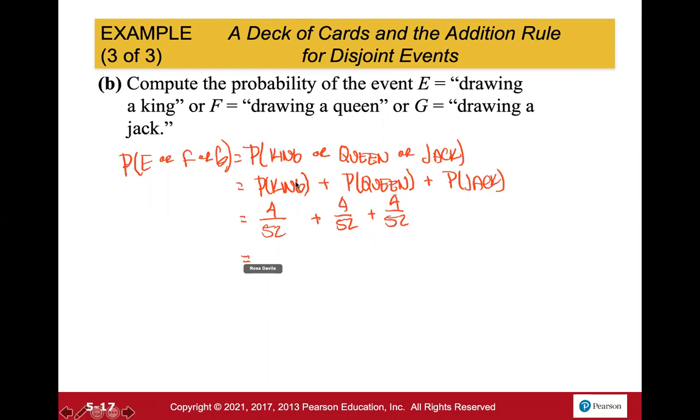Now, some fun math skills here. When we're adding fractions together, as long as the denominator is the same, we could add across the top. So here, 4 plus 4 plus 4 gives us 12 out of 52. And from here, we could simplify this by dividing both top and bottom by 4.